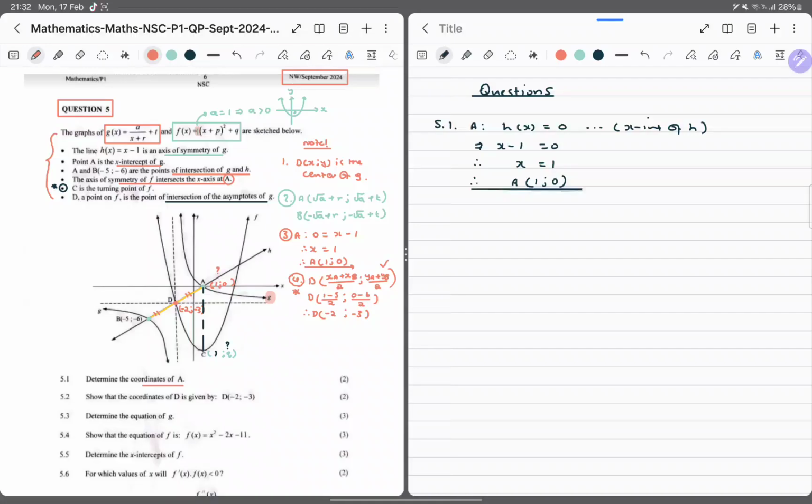Done. Pay attention to how I phrase my arguments, and how that leads to yet another thing. Of course, guys, we're getting 2 marks. So equating h of x to 0 and substituting correctly, and then writing the coordinates. But you can still get the mark here.